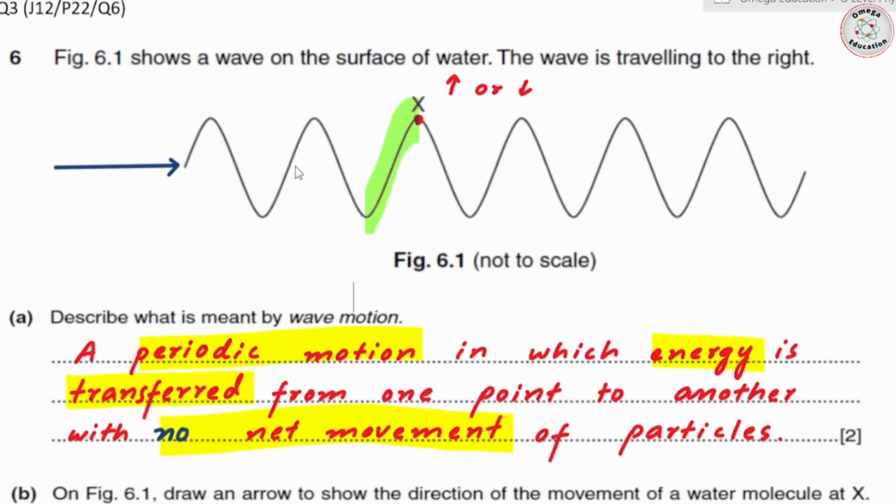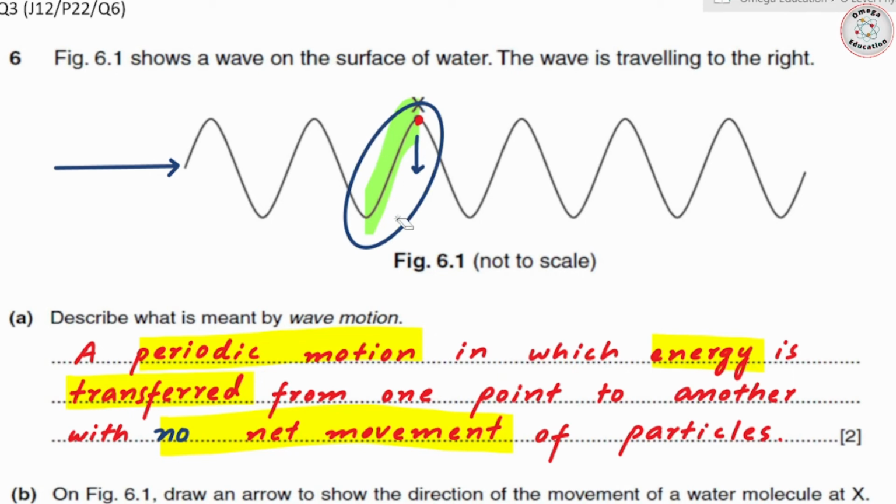And if it's the other way around, if the particle was on a downward slope and the wave is moving to the right, this particle would move upward, because it'll be getting higher displacement than what it already has.